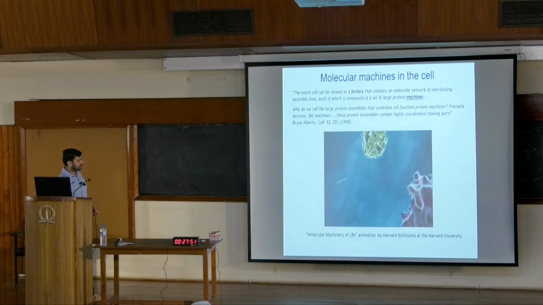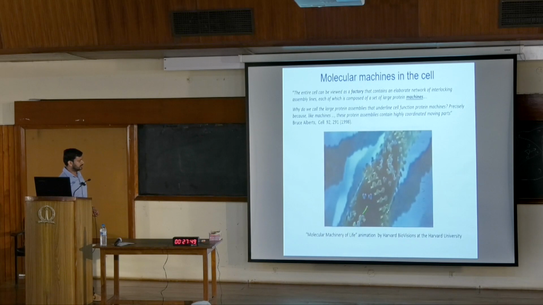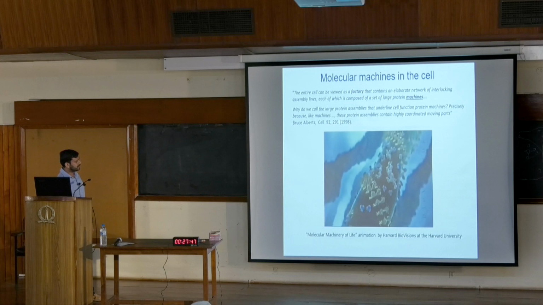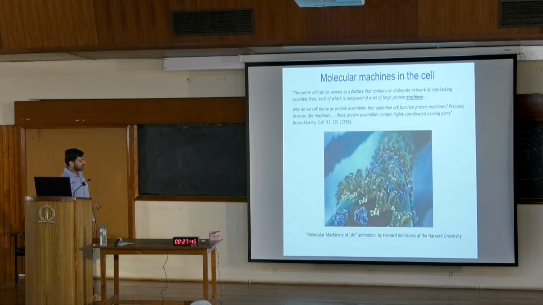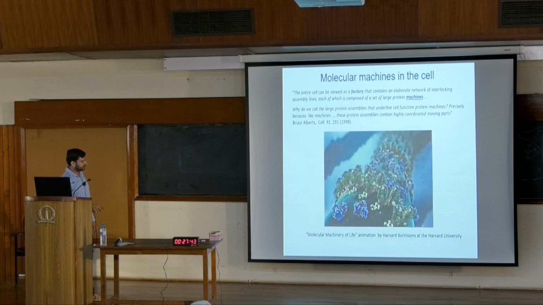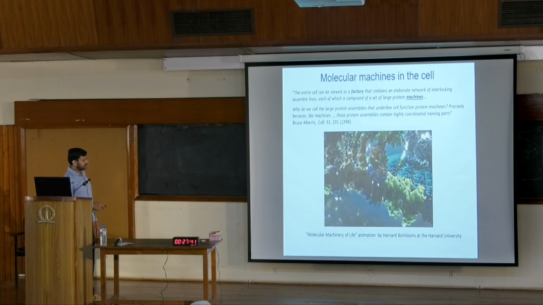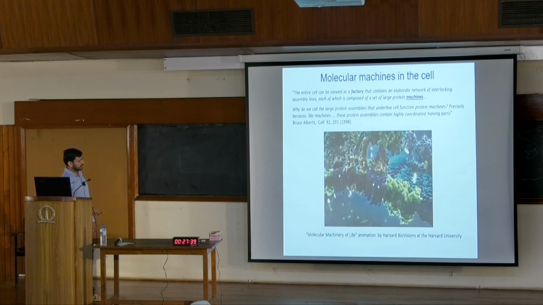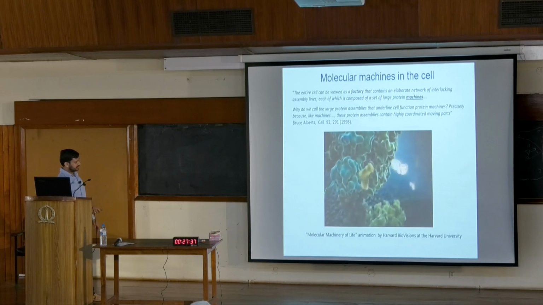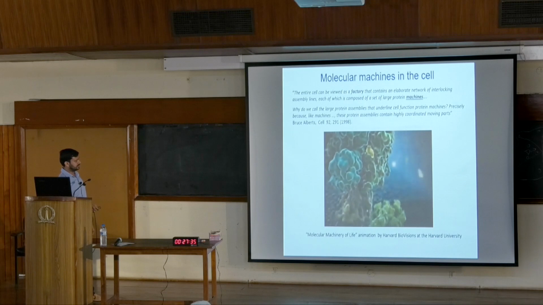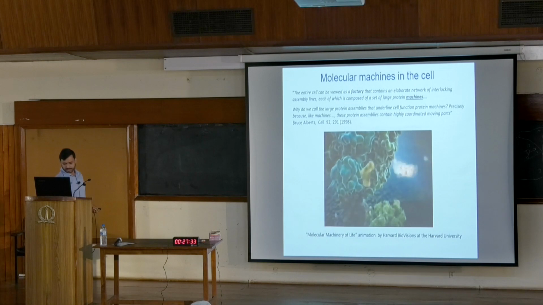Here is a proteasome going through, and this is the mitochondrial membrane. What you see here is the ATP making machinery, which is using the proton efflux to make ATP inside the mitochondria.